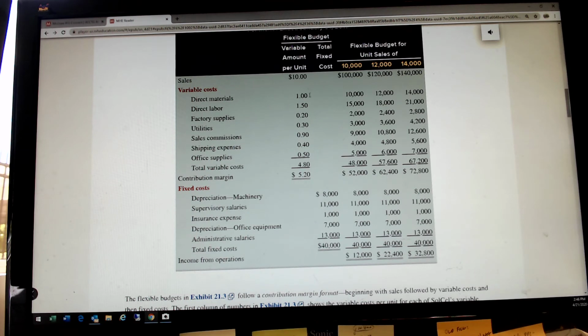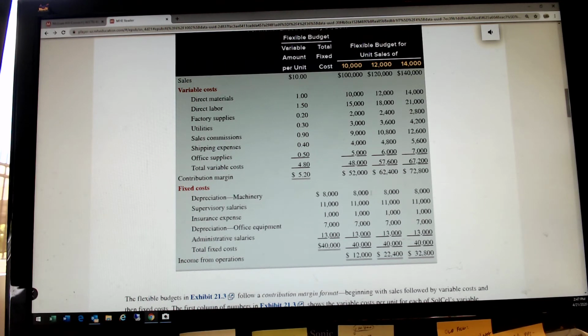Direct materials. If it's $1 per unit, well, yeah, it may be $10,000 at 10,000 units, but my budget is $12,000 for 12,000 units and $14,000 for 14,000 units. Notice as my level of activity goes up, the budget or the expected amount of these variable costs increase. And it's just the number of units times the unit cost expanded out.